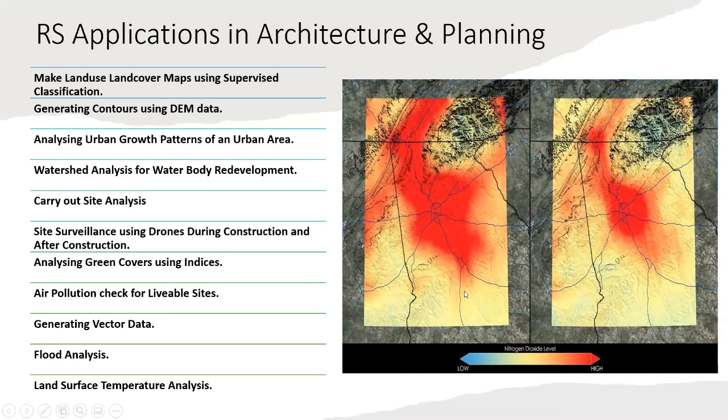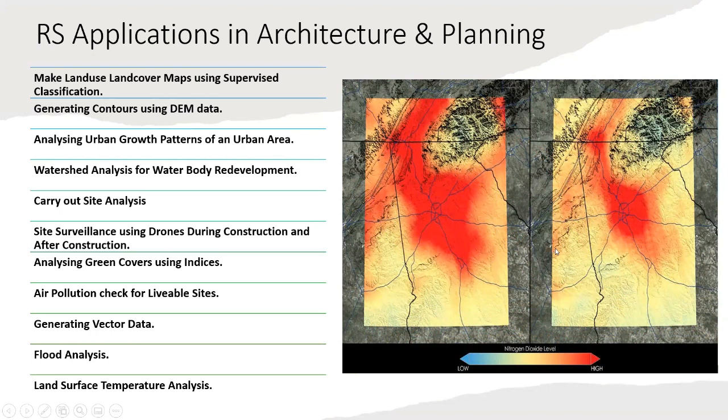So this is one image of remote sensing data of air quality. This is showing nitrogen dioxide for the same region for different time periods. So we can see here the NO2 level is very high in larger areas for this time period, while it went low for another time period.